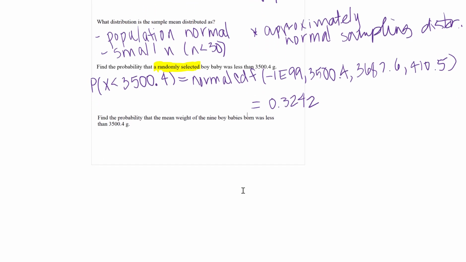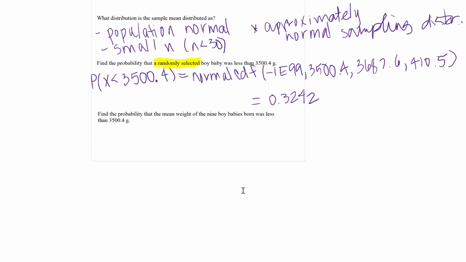So now let's move on to, so I'm going to put no CLT on this one because this was just straight up normal distribution. So for the next one, I want to highlight that we are now asking to find the probability that the mean weight of the 9 boys, okay, the 9 baby boys. So we are asked to do something slightly different.